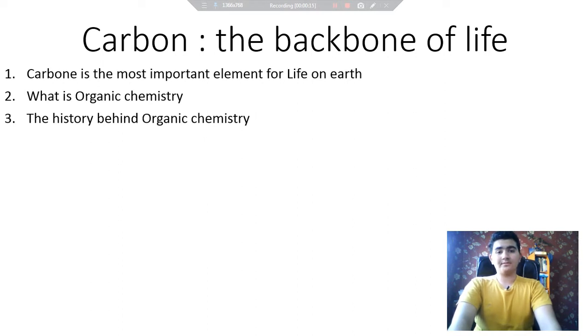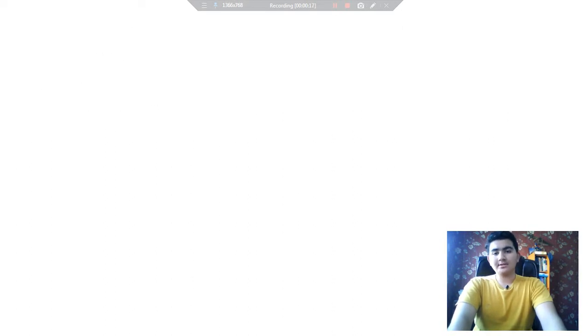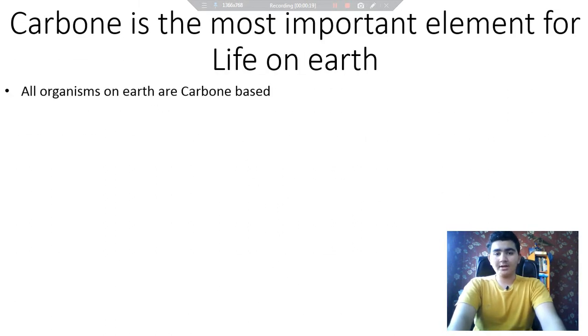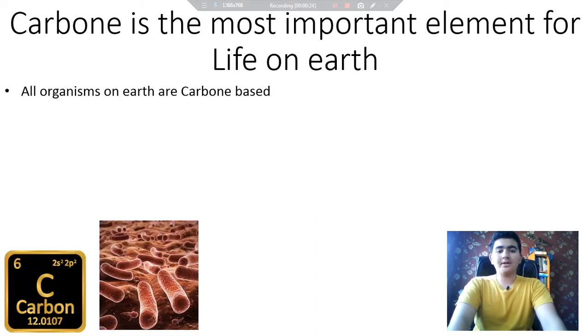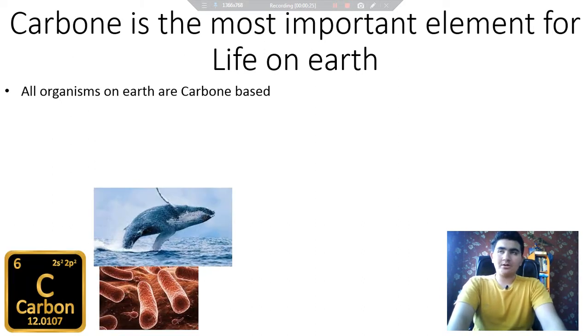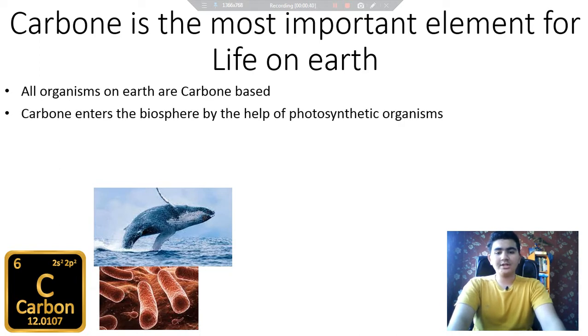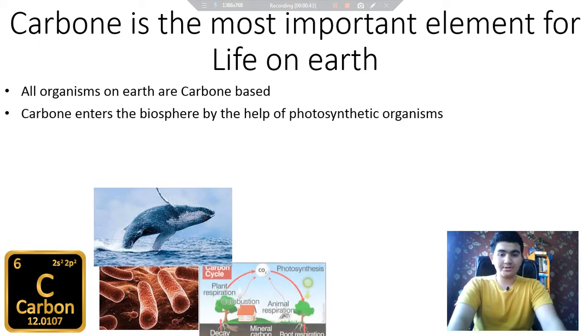Living organisms, from the smallest bacteria to the biggest blue whale, are made up of chemicals that are mostly based on carbon. You can see the carbon element in the bottom left corner. Carbon enters the biosphere through the actions of producers.